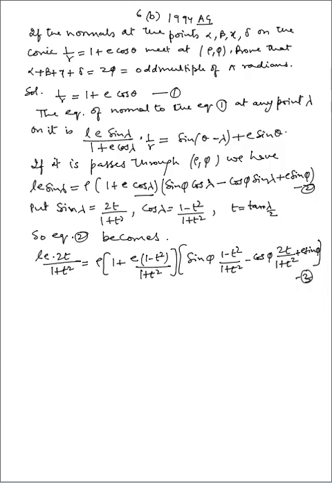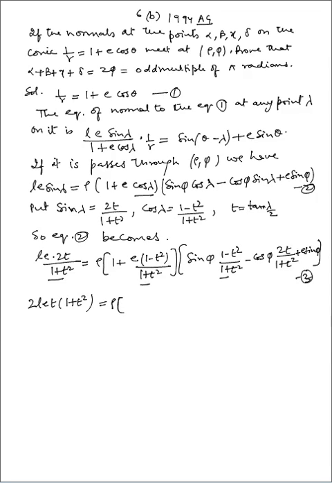Now simplify it. We take the LCM: on the left hand side 1 plus t square, on the right hand side 1 plus t square into 1 plus t square. So this becomes 2 l e t into 1 plus t square because of cross multiplication. Then the rho and the 1 plus t square in the denominator cancel out.